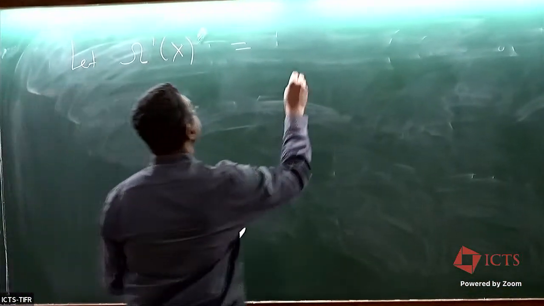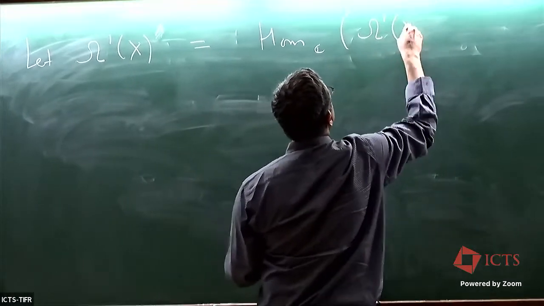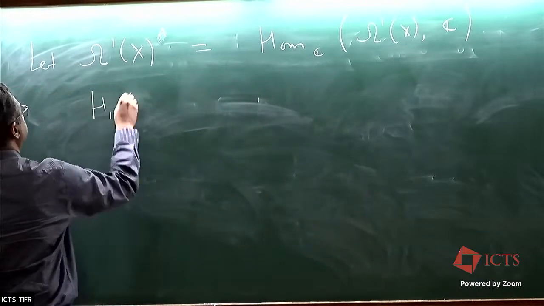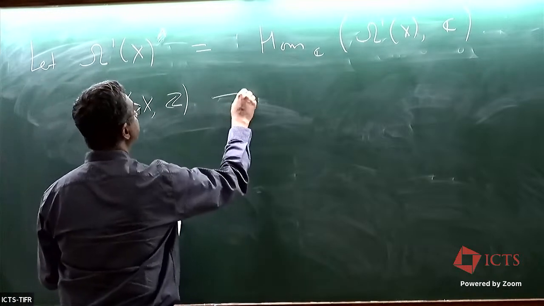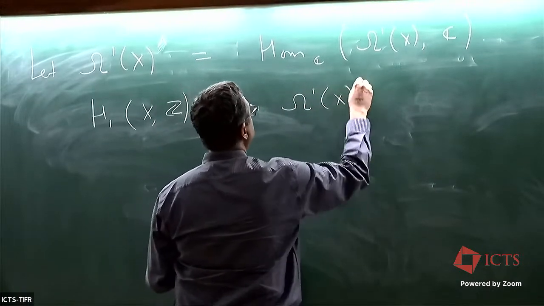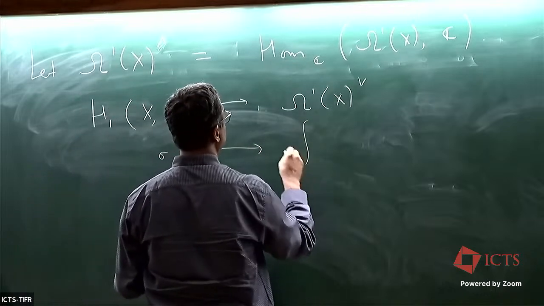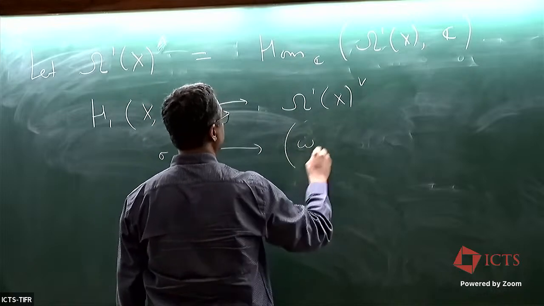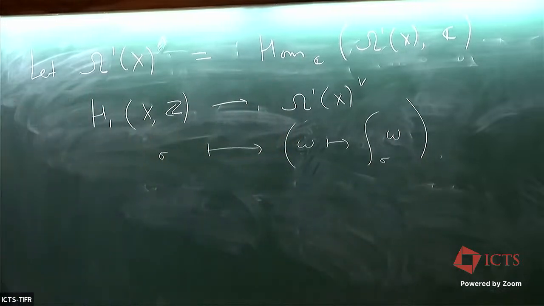So this is just the dual space, linear forms on omega 1 of X. And the first homology group H1(X, Z) maps to this dual space by taking sigma to, you have to find what happens to a differential form, you just integrate. Omega goes to the integral of omega over sigma. These are what are called periods, basically integrating differential forms against cycles.